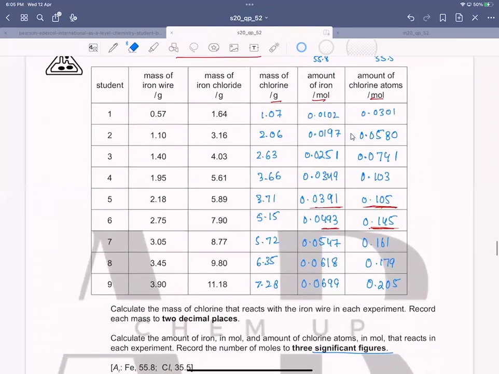For example, if you look at this data, you are getting that it could be 1:3.